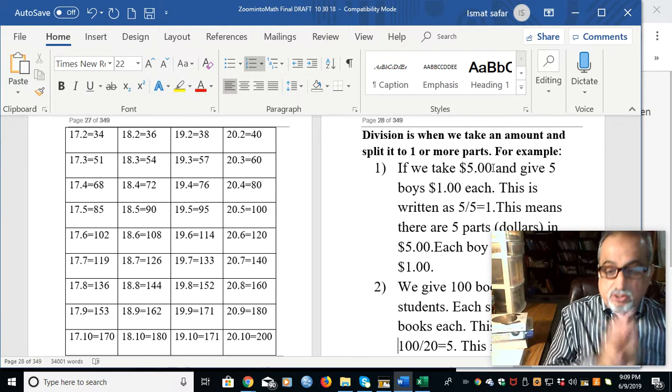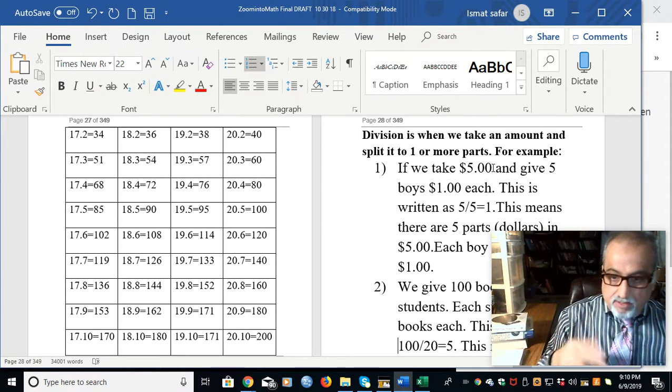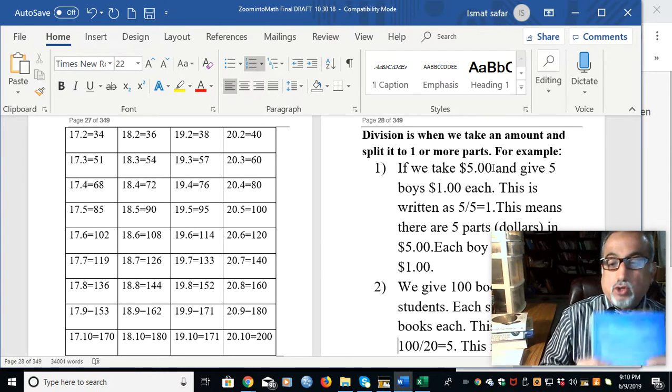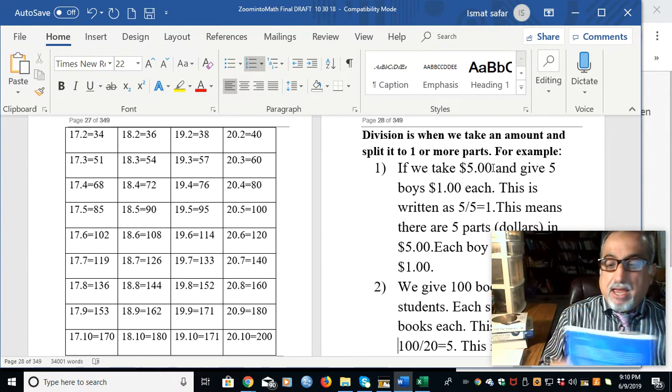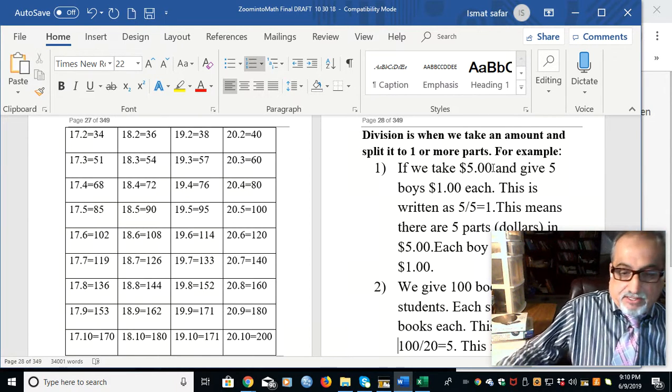So each student will have one book. So 2 divided by 2 is 1. Each one of them will have one book. And that is division.